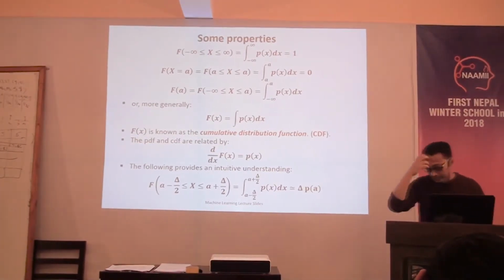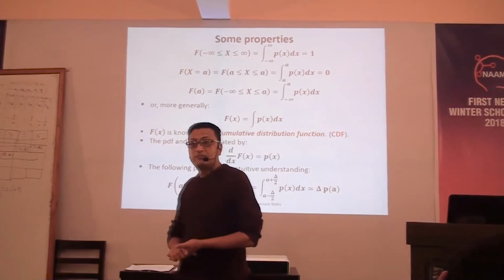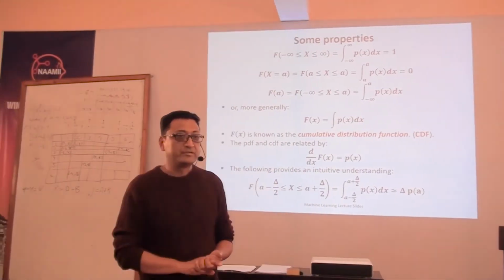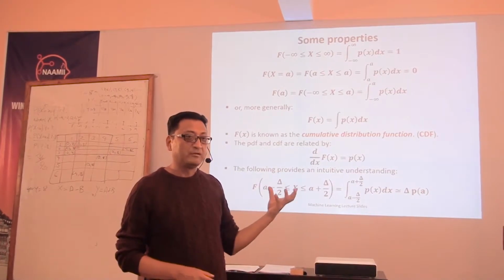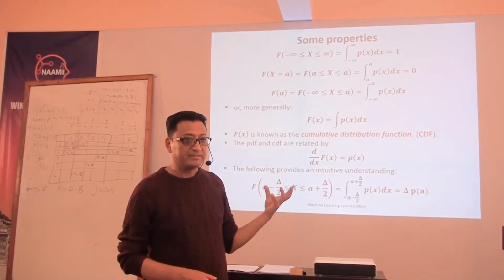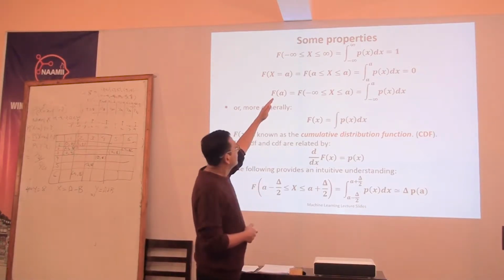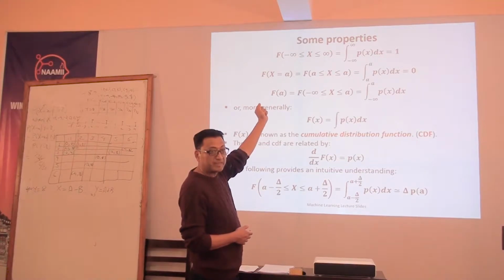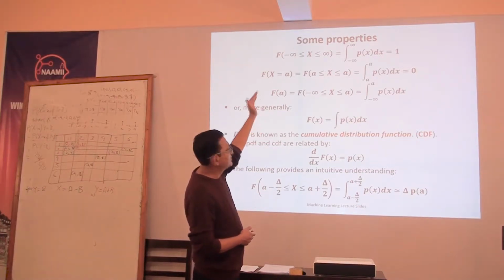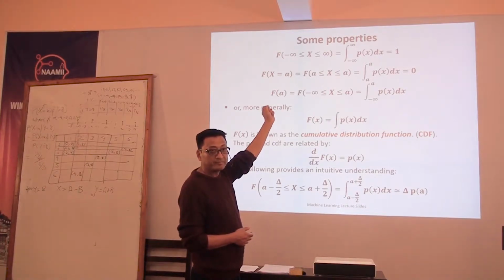A lot of these properties follow from our discrete distribution. These are just the continuous analog of the discrete case. Obviously, if p of x is a probability density function, then the first statement has to be true for a univariate distribution.